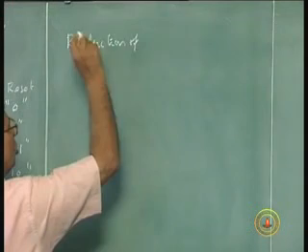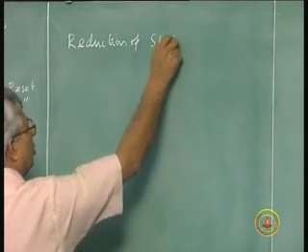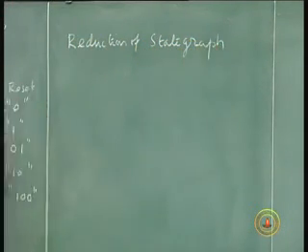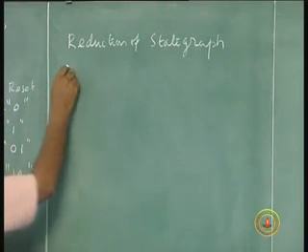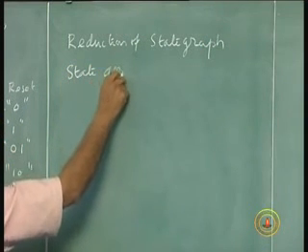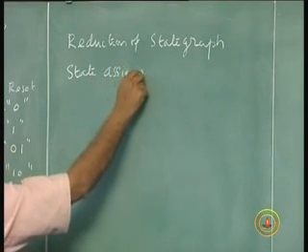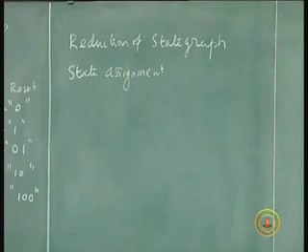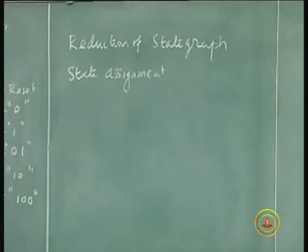These are the steps you need to do, which I said I am skipping at this point in time. Second is the state assignment. State assignment is a process of mapping or assigning binary values to the states.